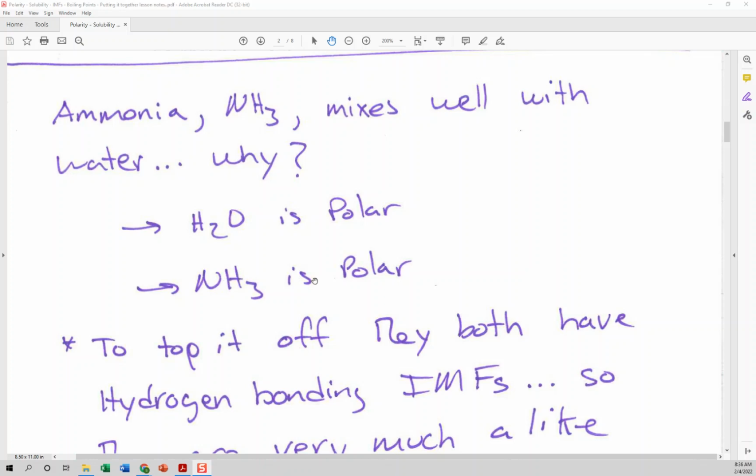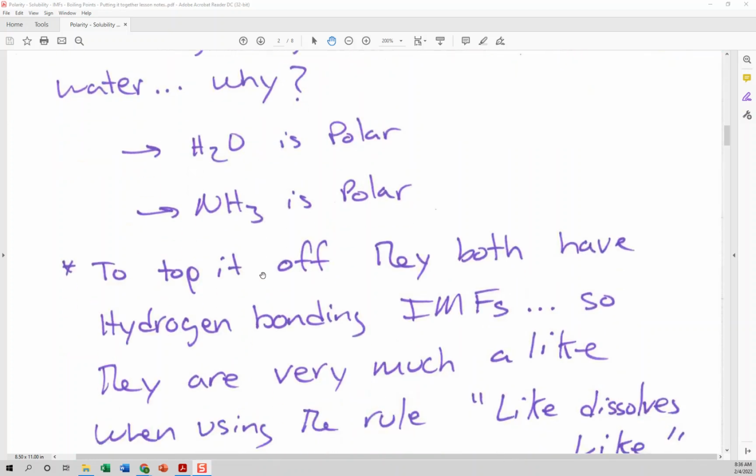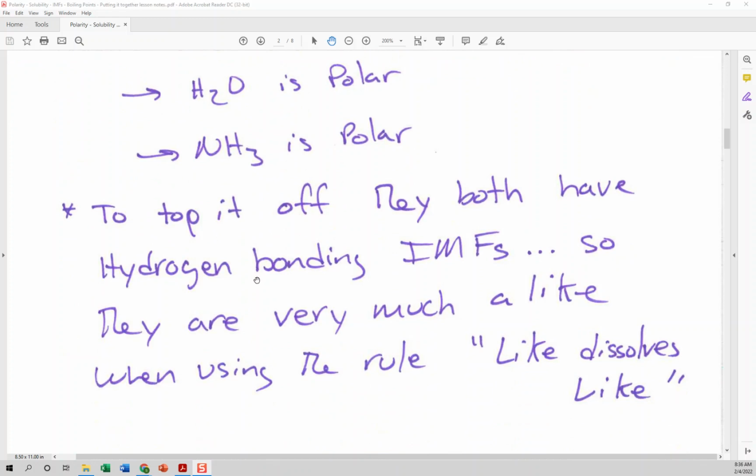It is also polar. And if you really want to get into the true rule of like dissolves like, yeah, you can just keep it as polar mixes with polar and nonpolar mixes with nonpolar if you want to. But the more alike the intermolecular forces are, the better they'll mix together. So the more soluble they'll be.